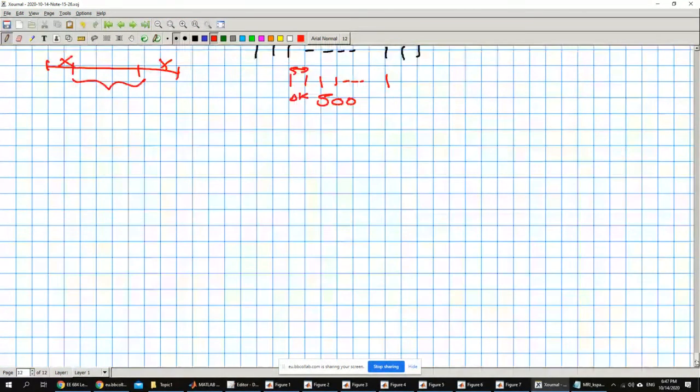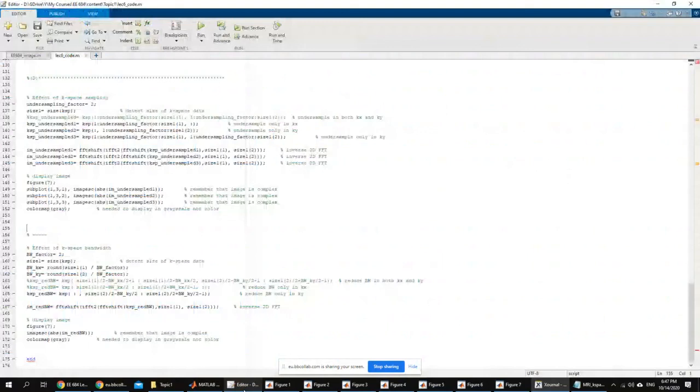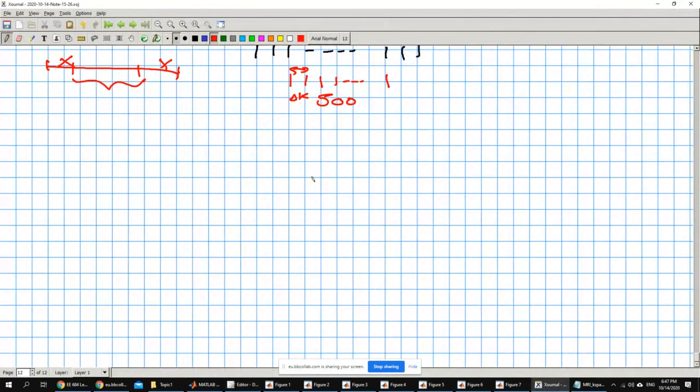So we're going to try that now. Here, the bandwidth factor is 2. I'm going to reduce my bandwidth by this number. The way I do it is I compute half the size and start from the middle and take half the size from this side and that side. I'll just show it to you here as an algorithm, and then the implementation will be very easy for you to understand.